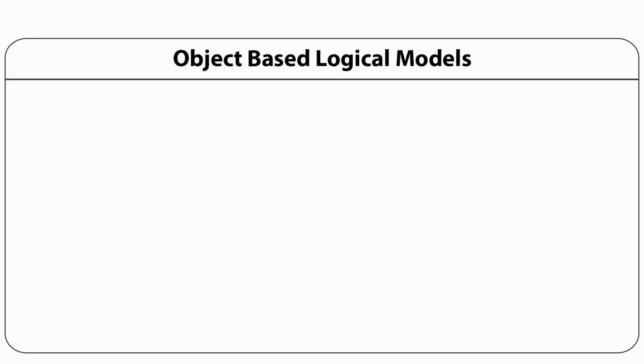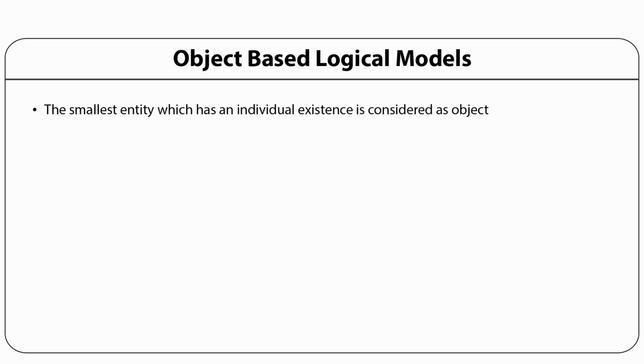Object-based logical model. In object-based logical models, the smallest entity which has an individual existence is an object. An object is associated with certain characteristics and functions.